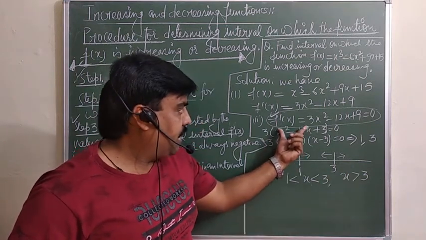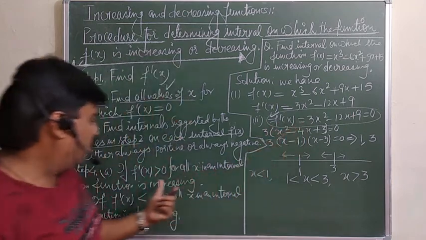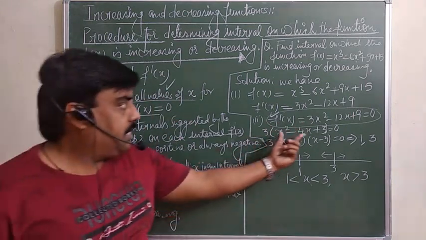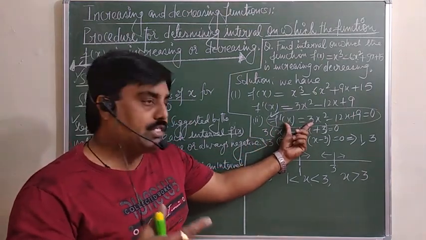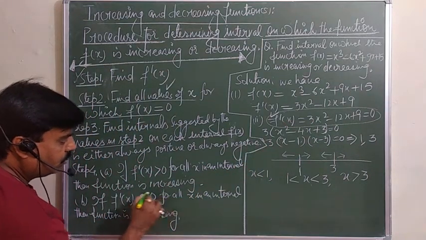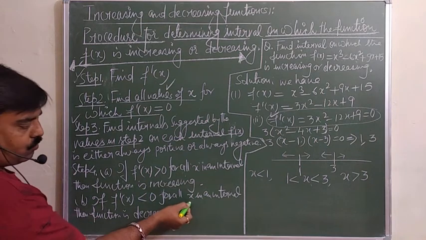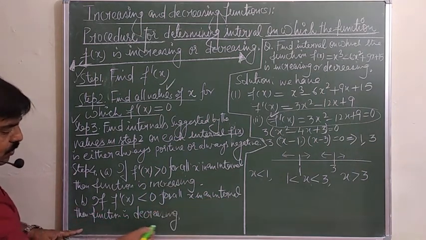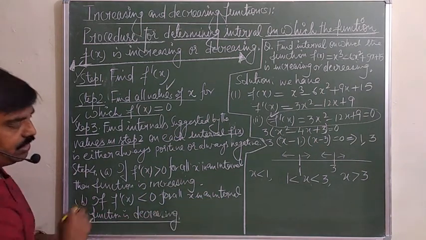If f'(x) comes greater than 0, it means in that interval, उस interval पर function is going to increase. But if it comes less than 0 for all x in an interval, then the function is going to decrease.